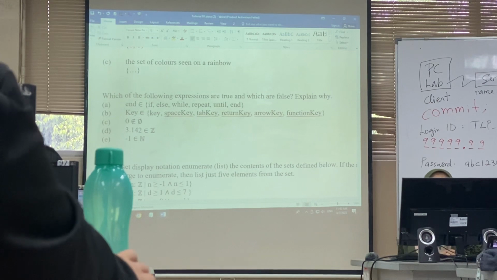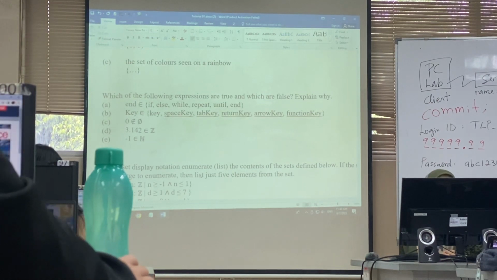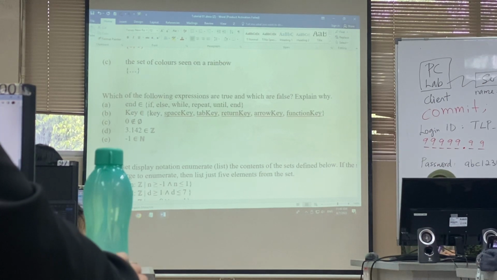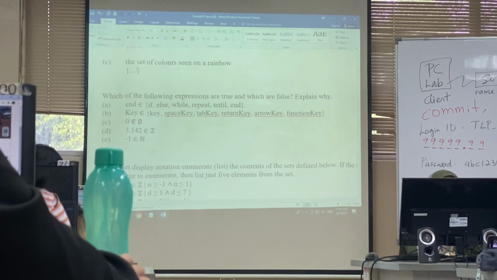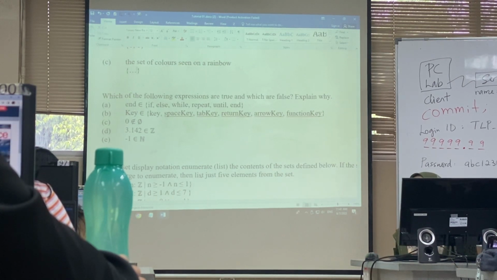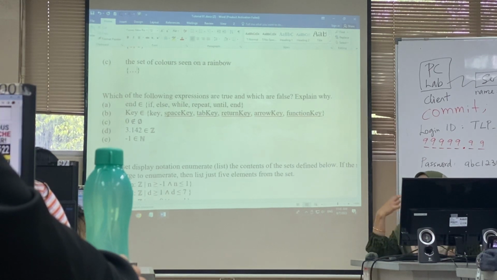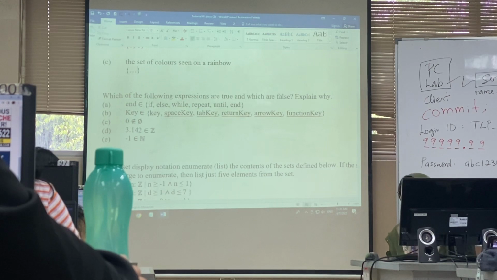Okay, so that is what we call set display notation. Later in your Z schema, you will also have logic, true or false. It means that when you need to check something, you have to do true or false: is the right side equivalent to the left side?